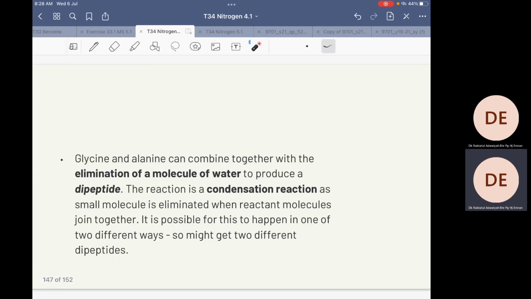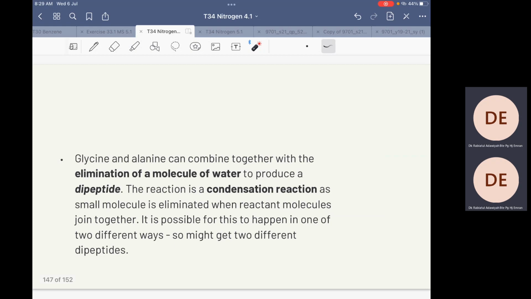Okay. So glycine and alanine can combine together with the elimination of a molecule of water to produce a dipeptide. The reaction is a condensation reaction, as a small molecule is eliminated when reactant molecules join together. It is possible for this to happen in one of 2 different ways, so we might get 2 different dipeptides.